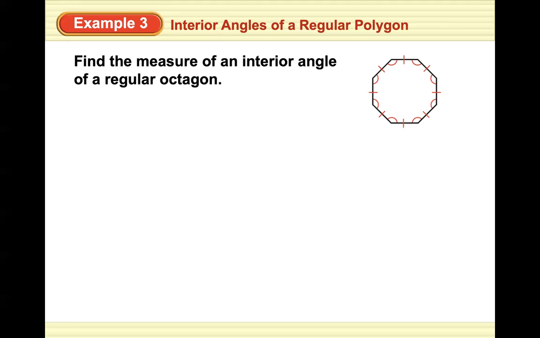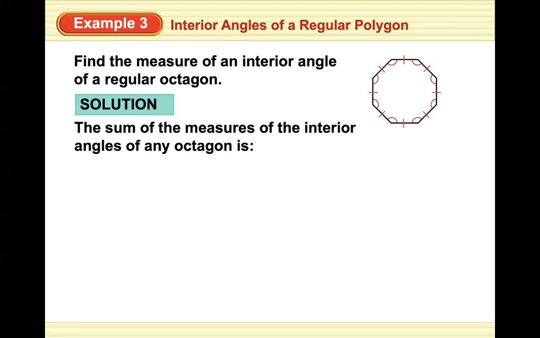They're all equal, okay? So the first thing I have to do is find the sum of the measures of the angles inside the octagon. I take 8, subtract 2, and take 6 times 180, and that gives me 1,080 degrees. So I know that the octagon should have 1,080 degrees in it.